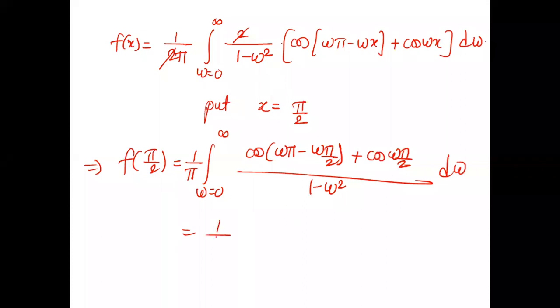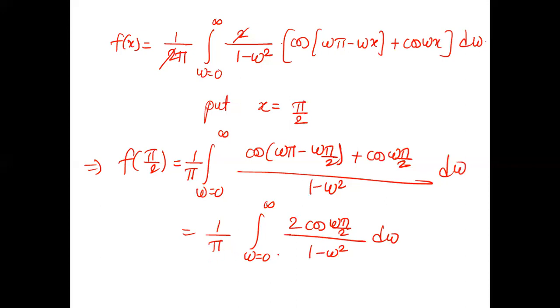So yes, it becomes cos omega pi by 2 plus cos omega pi by 2, that is 2 times cos omega pi by 2 upon 1 minus omega square d omega. This 2 can come out of the integration, as your show-that does not have 2 here, so 2 comes here. So this is your show-that.